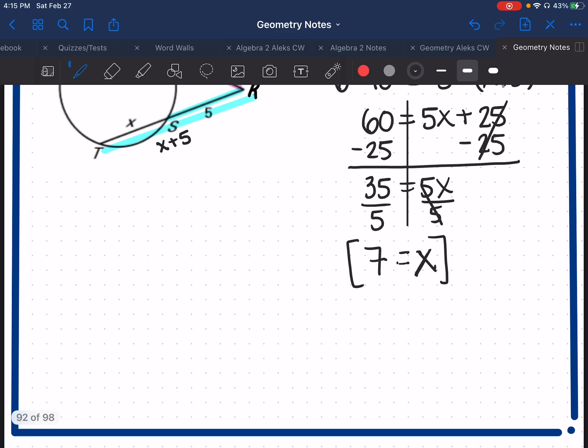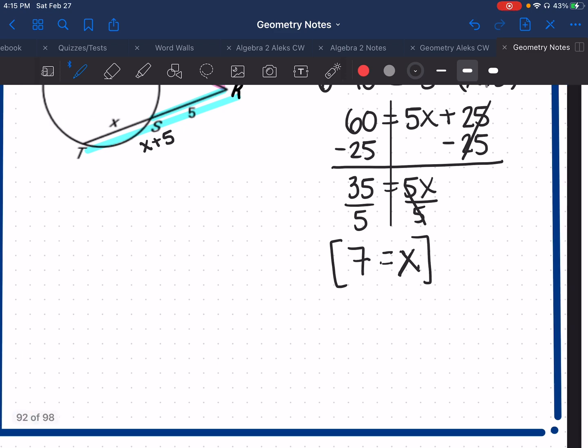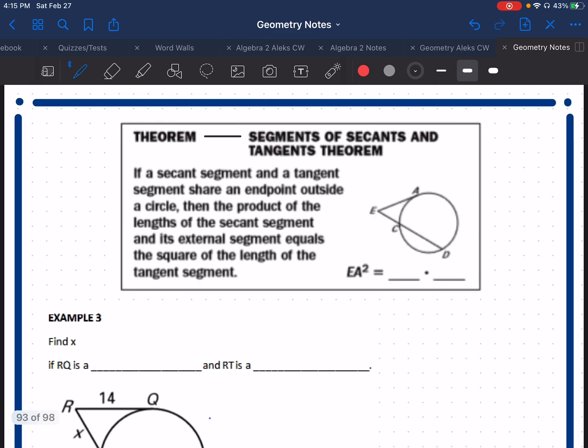All right, let's take a look at our next theorem, which is the segments of secants and tangents theorem. Whew, these theorems. If a secant segment and a tangent segment share an endpoint outside a circle, there's my 2, right?